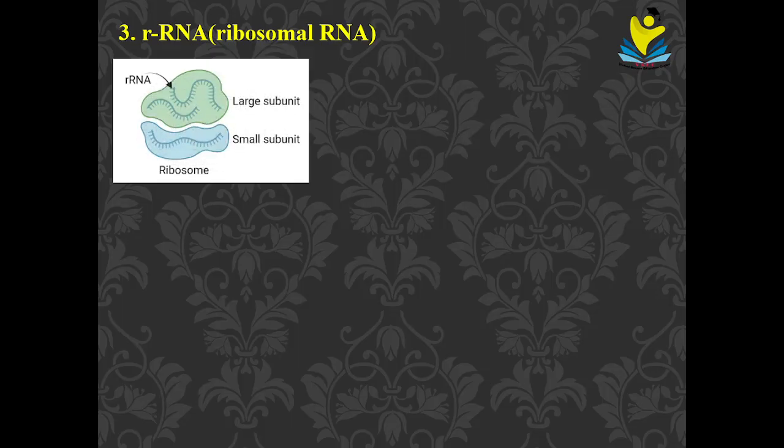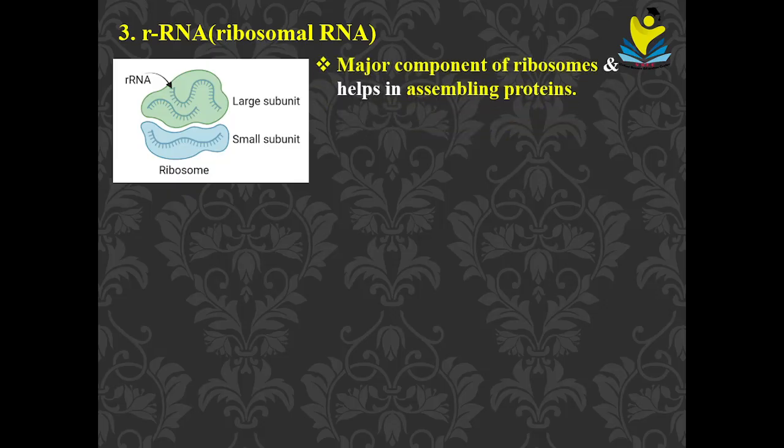Another RNA type is rRNA, or ribosomal RNA. In the first picture you can see the rRNA molecule structure. Its function is as a major component of ribosomes, and it helps in assembling proteins. Other RNA types are snRNA, miRNA, and siRNA.